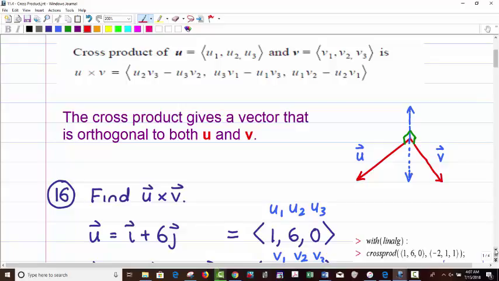Now this idea only applies to space vectors. It wouldn't make much sense in the plane. For dot products, you can do it in the plane or space, but this one would not make any sense in the plane. You couldn't really get an orthogonal vector sticking up out of the xy plane.